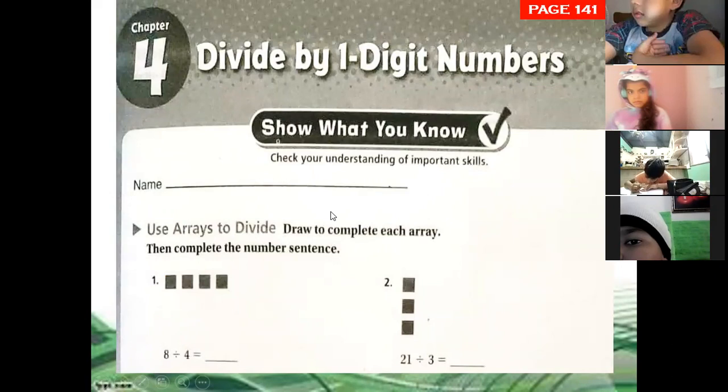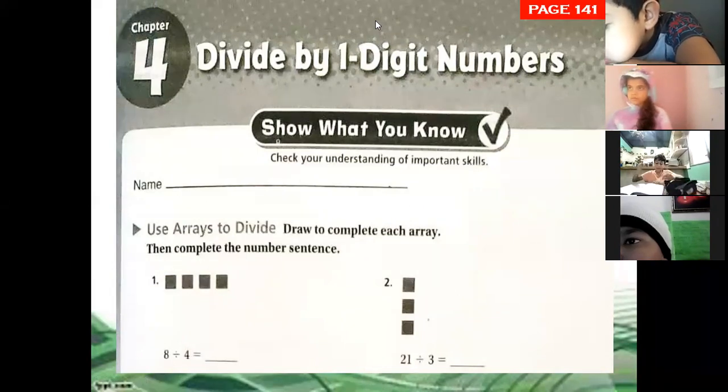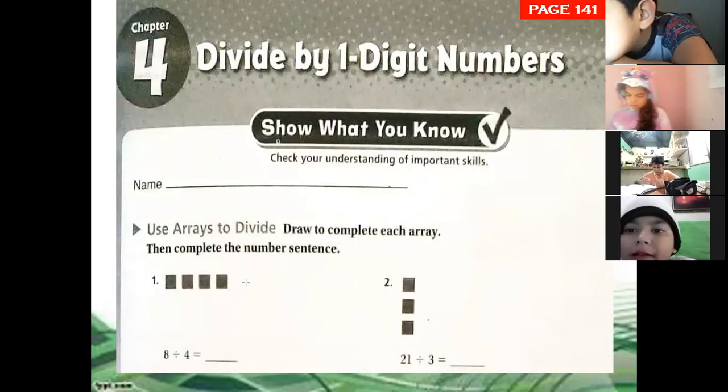These are the parts of division. 8 divided by 4. So it means that you are going to have 8 squares in total. How many are here in the first one? 4.